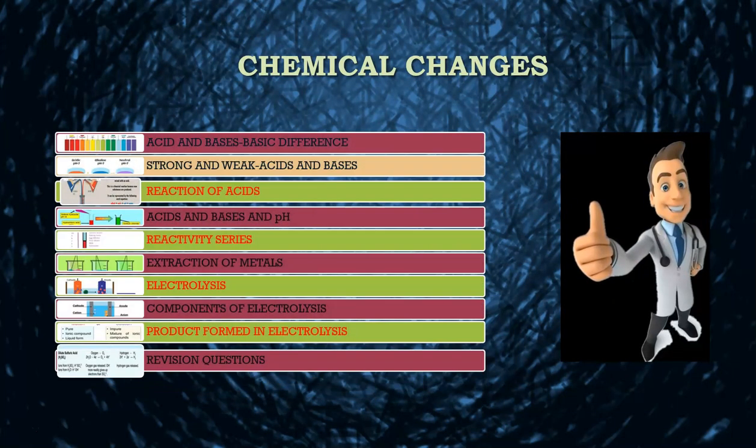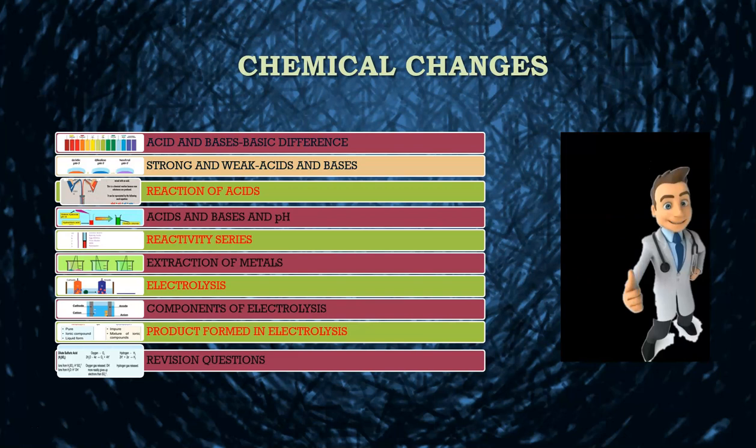In this class, we're going to cover the following topics: acids and bases, their basic differences, strong and weak acids and bases, reaction of acids, acids, bases and pH, reactivity series, titration, extraction of metals, electrolysis, components of electrolysis.